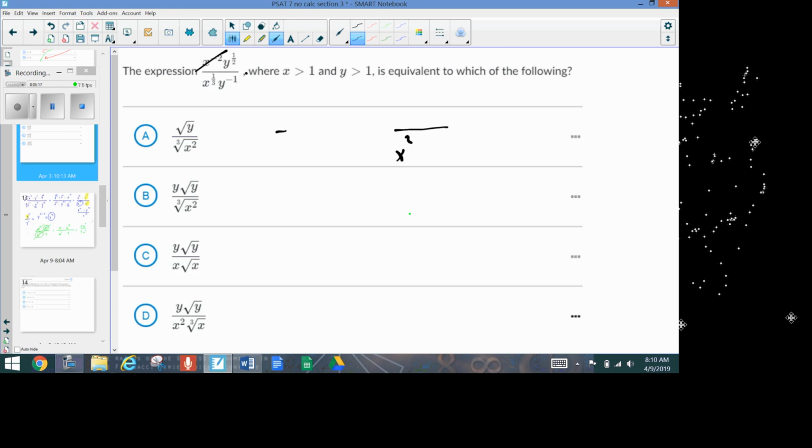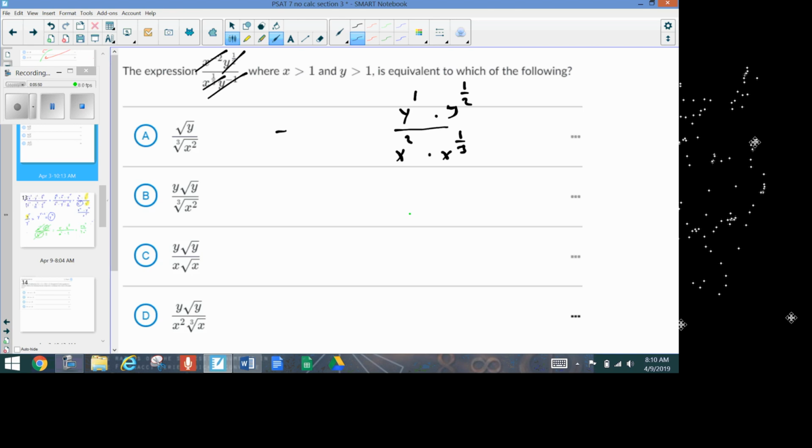Y to the power of negative 1 goes up, correct? And let me write down the rest, y to the power of 1 over 2. I wrote this one down, and x to the power of 1/3. So when you look at the answer choices, this one is 1 over 2, this one is 1 over 3.